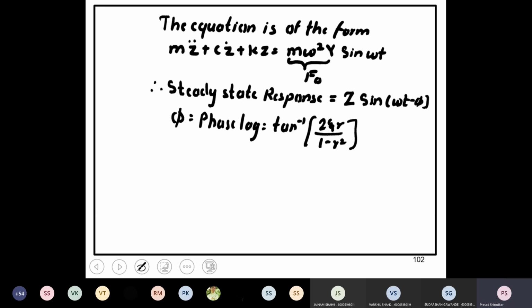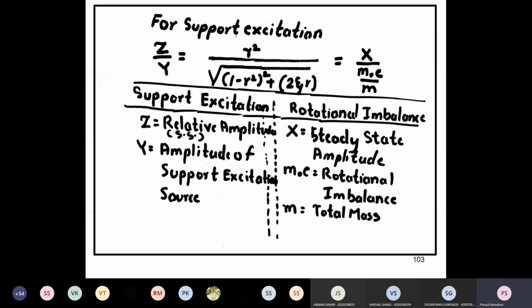Now let's place both these derivations side by side so that it is easier to remember. This part is for support excitation and this part is for rotating imbalance.